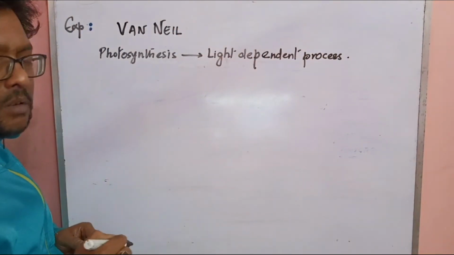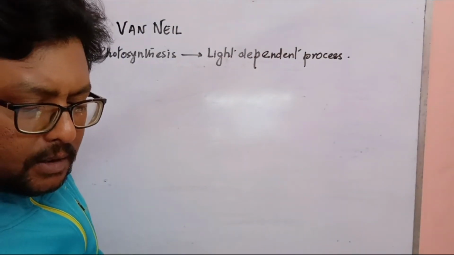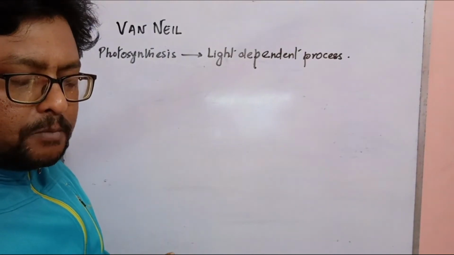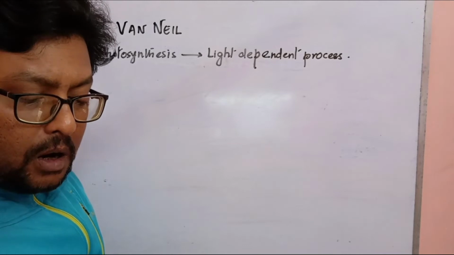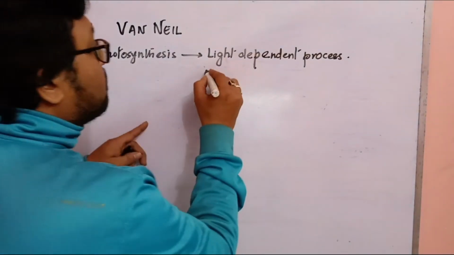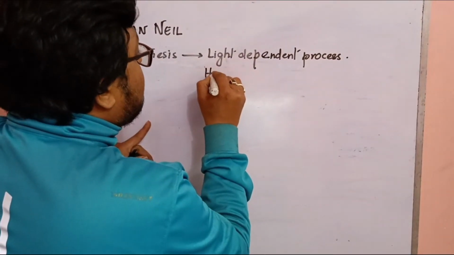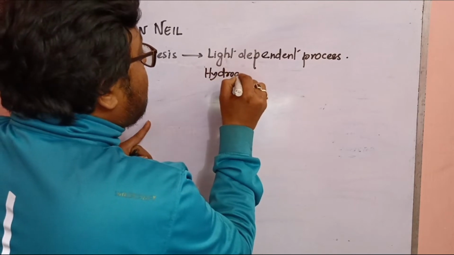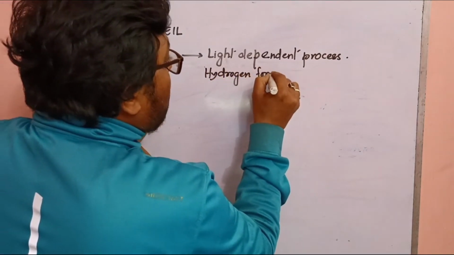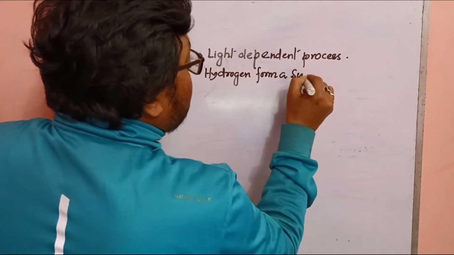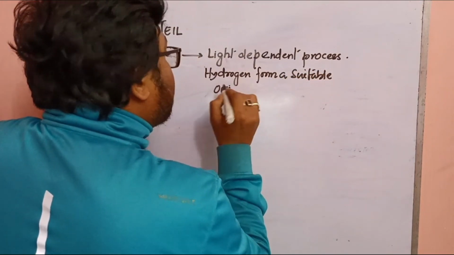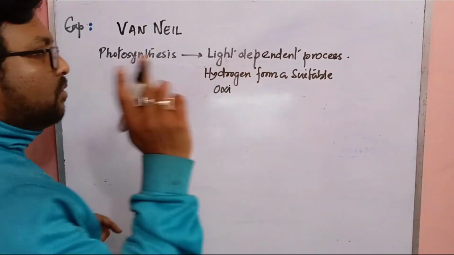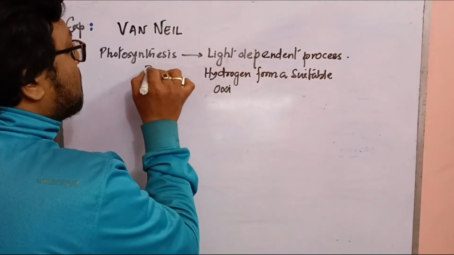Okay, and in this process hydrogen forms a suitable oxidizable compound. What is the role of hydrogen? Hydrogen forms a suitable oxidizable compound. This is very important, you can mark it.